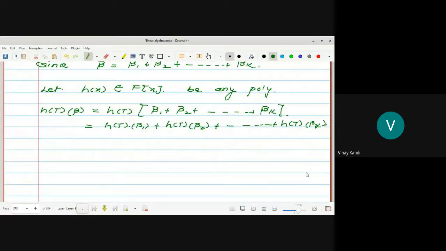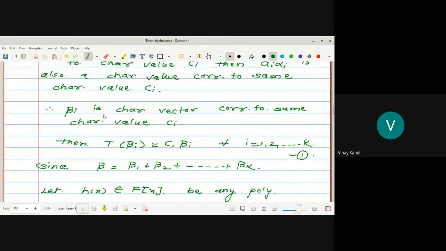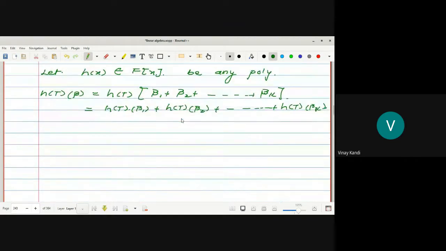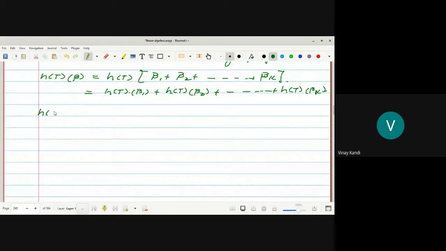Okay, and b1, b2, b3 up to bk are the characteristic vectors corresponding to the characteristic values c1, c2 up to ck, respectively. Then what is the value of this one? h of T of beta is equal to h of c1.